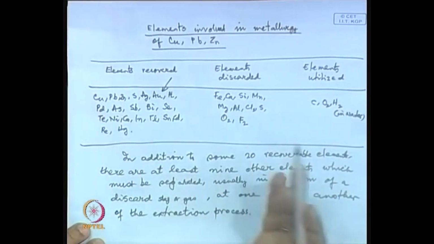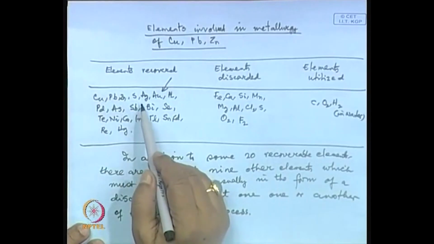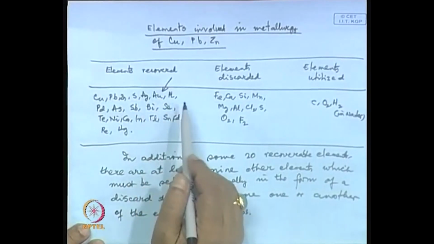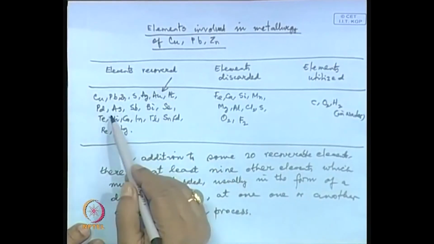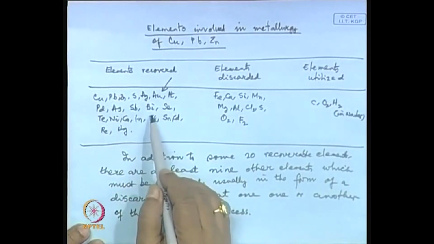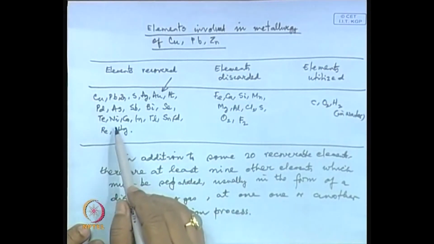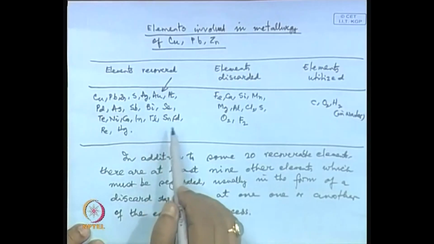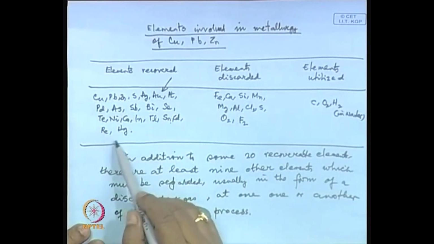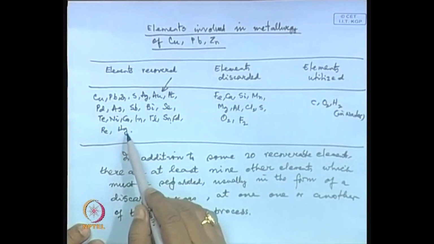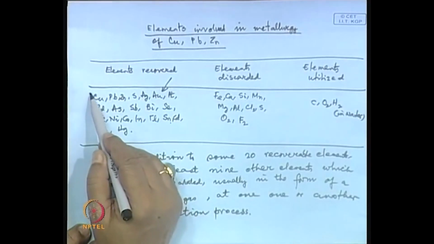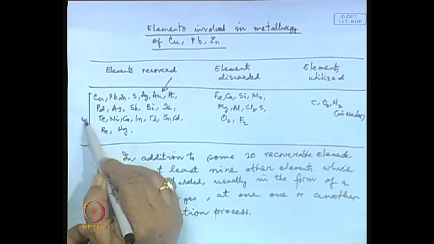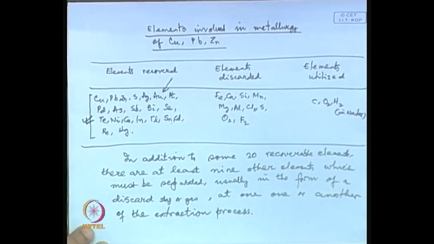Copper, lead, zinc of course, depending on the main element, then sulphur, silver, gold, platinum, palladium, arsenic, antimony, bismuth, selenium, tellurium, nickel, cobalt, indium, tin, rhenium, mercury, all these are recoverable and they are recovered.